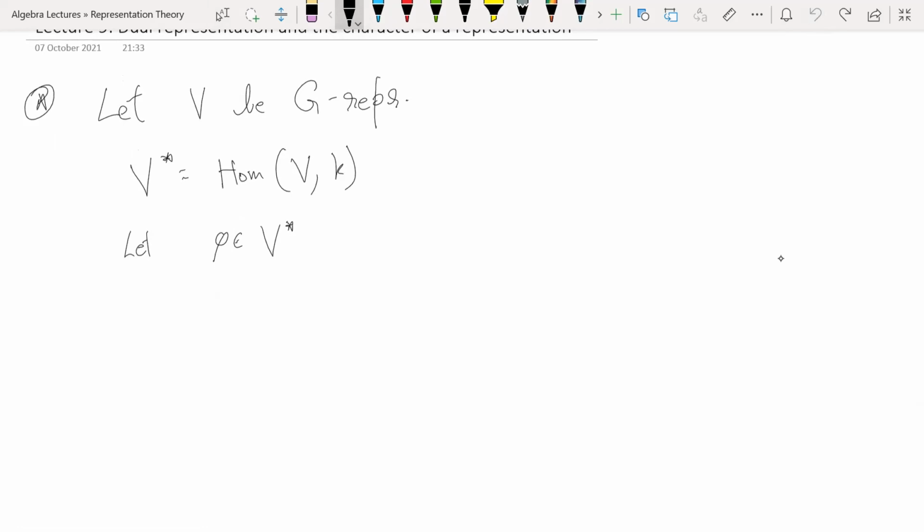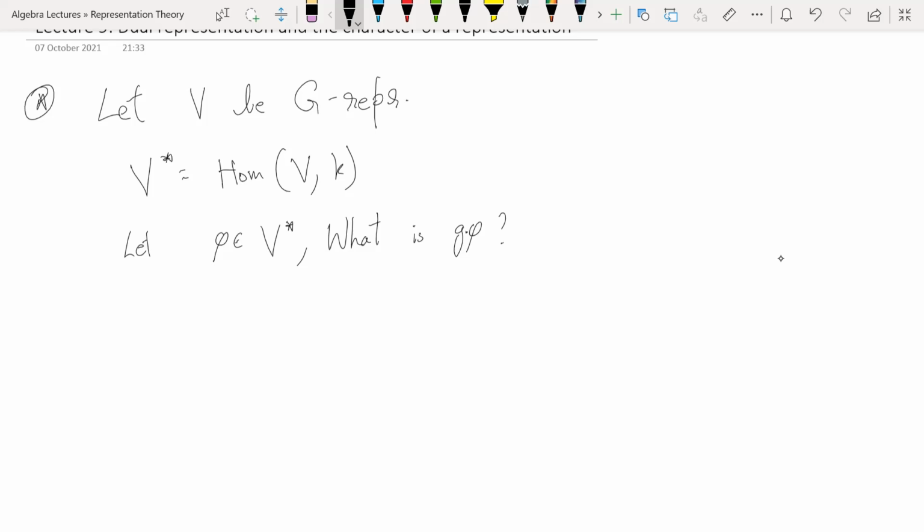G phi is going to be another element in here, so it should be a linear function. So we want to know G phi of V. What should it be?